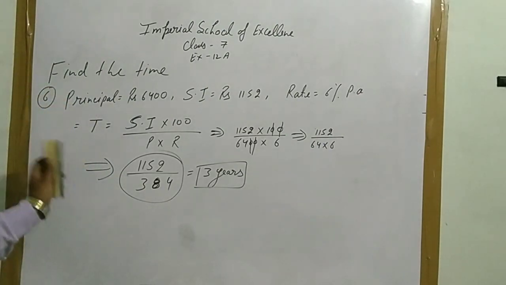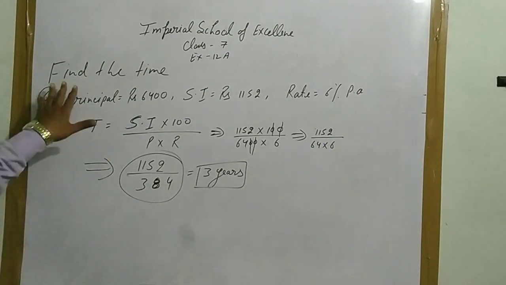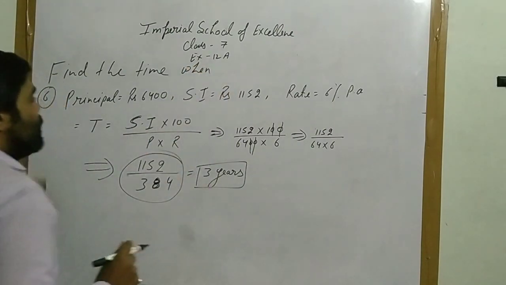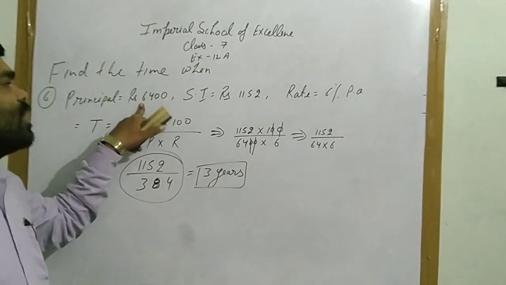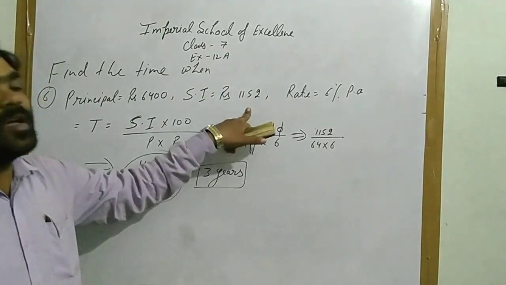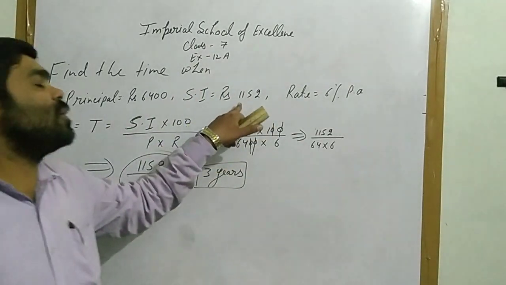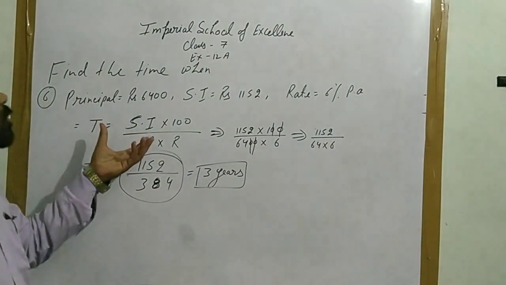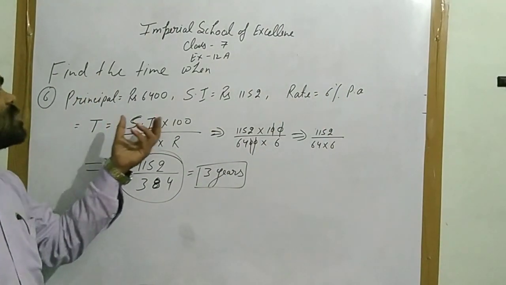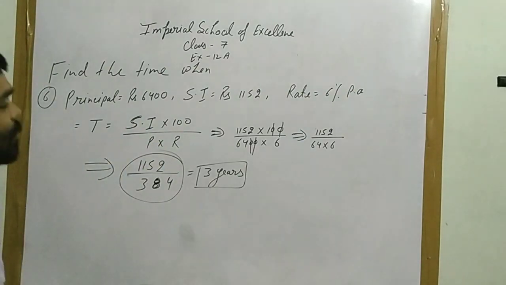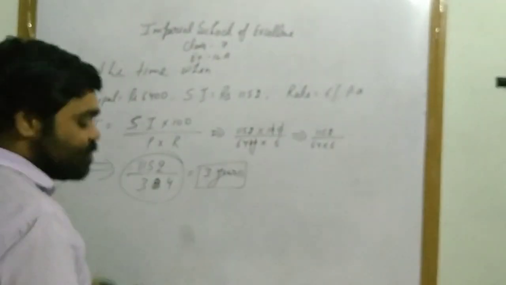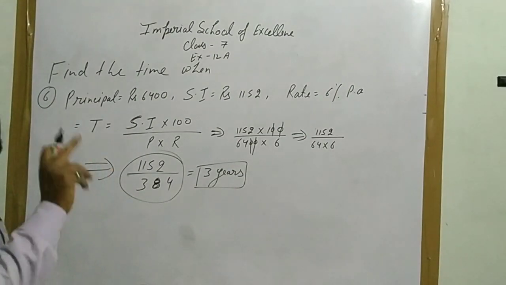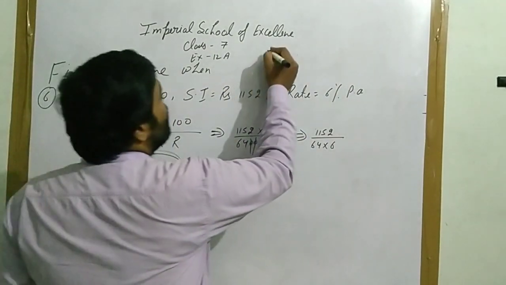This is your sixth question. In this, we have to find the time when principal is rupees 6400, simple interest is rupees 1152, rate is 6%. We use the formula T equals SI into 100 upon P into R. From where has this formula come? It has come from SI equals P into R into T upon 100.